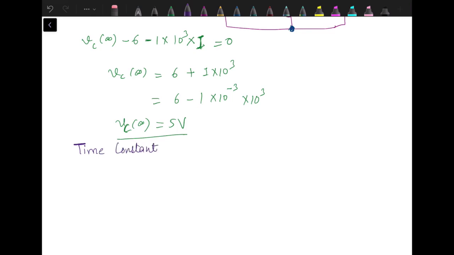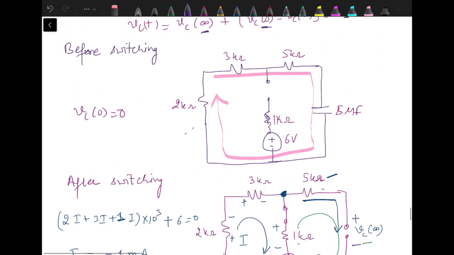Now for the time constant, we need to draw the circuit.